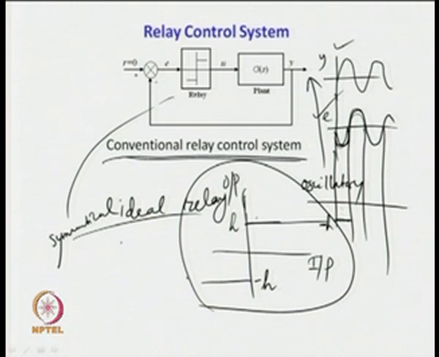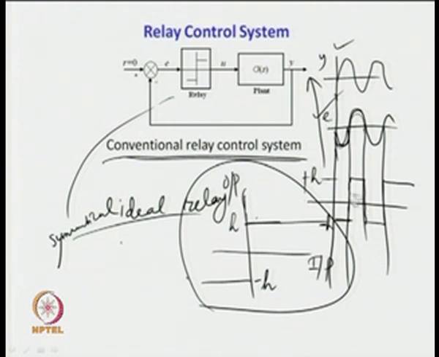then the output of the relay will assume some rectangular form, where the negative peak amplitude of the rectangular pulses will be minus h, and the positive peak amplitude of the rectangular pulses will be plus h.